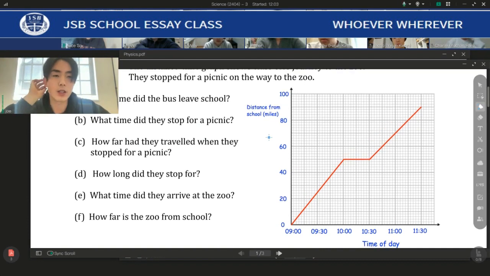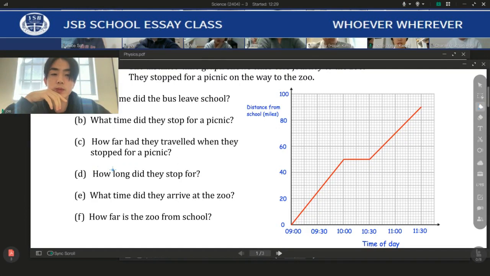What time did they stop for a picnic? Timothy, do you know what time they stopped for a picnic? 10:30. Good, because that's when it stopped. Very good. C, how far had they traveled when they stopped for a picnic? Jacob, do you know how to do this one?